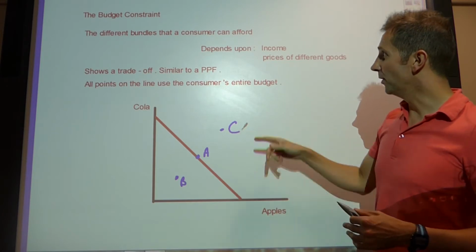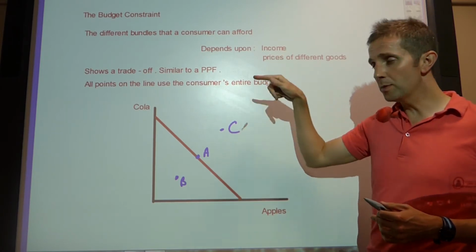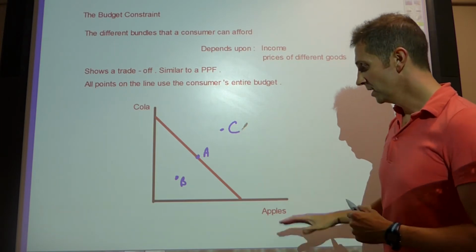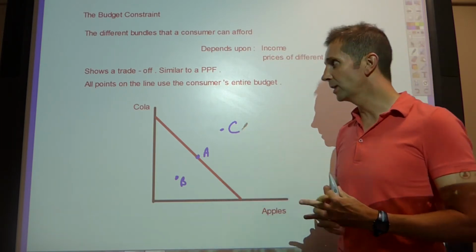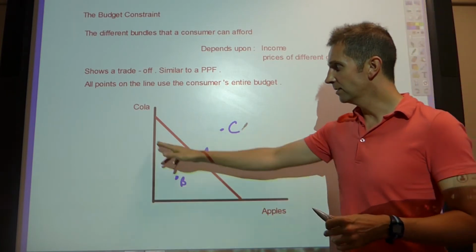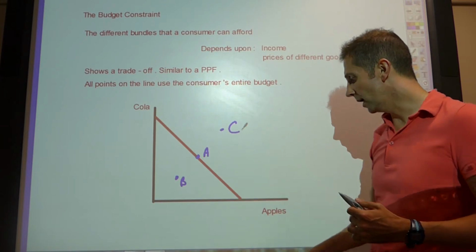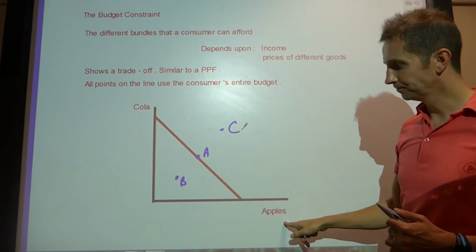That depends upon the individual's income, and obviously it also depends upon the prices of the different goods and services. If we stick with the standard textbook example, we are looking at making consumption decisions between cola and apples.